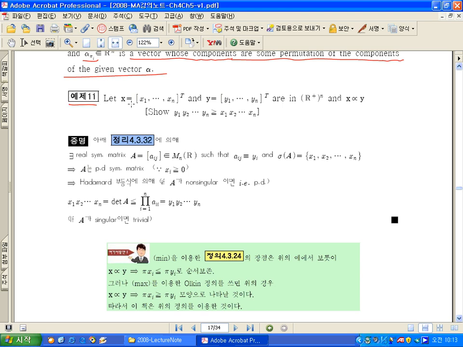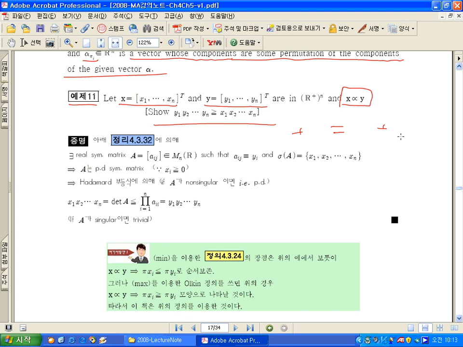Okay, here's one example. Let x and y be n-dimensional vectors in R^n, and x is majorized by y. Then show the product of the y_i's is greater than or equal to the product of the x_i's. We know the summations are equal, isn't it?